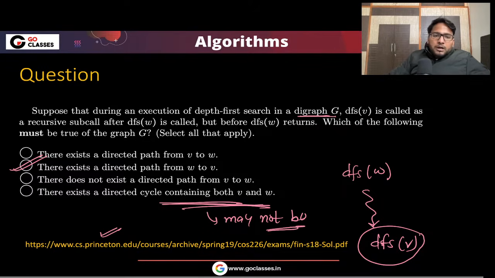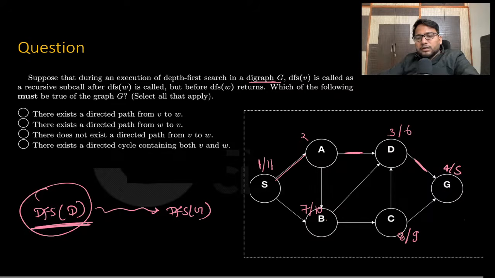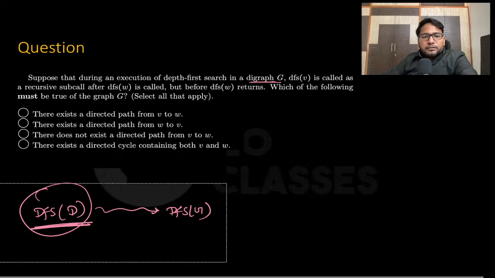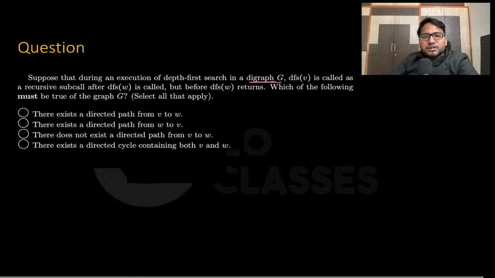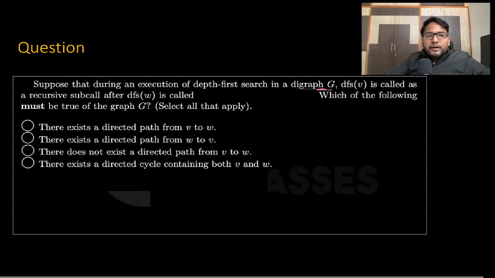Now let's just modify this question a little bit, and I want you to understand only one thing which is important here. Let's suppose they say this, which means they do not tell you whether the DFS on W may be returned or may not be returned.